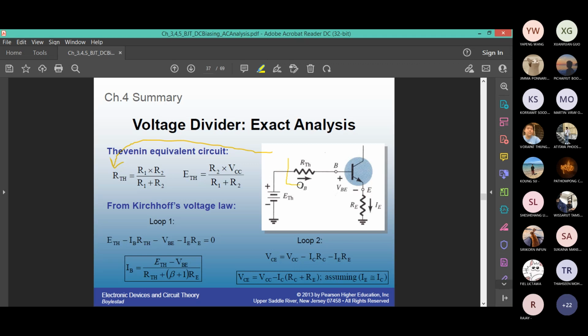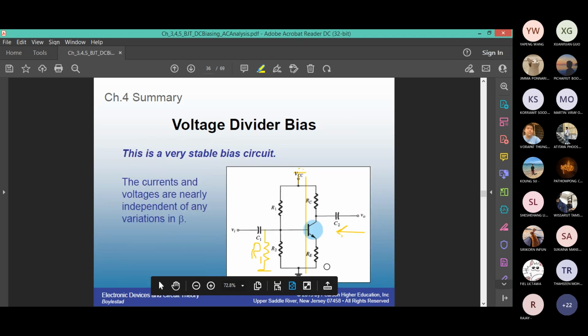Now, you also need to find the equivalent Thevenin voltage. How? After you find the Thevenin equivalent resistance, make everything the same now.